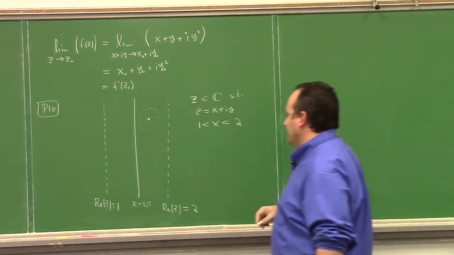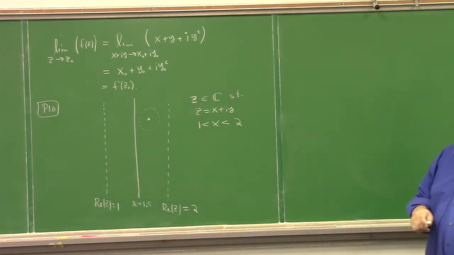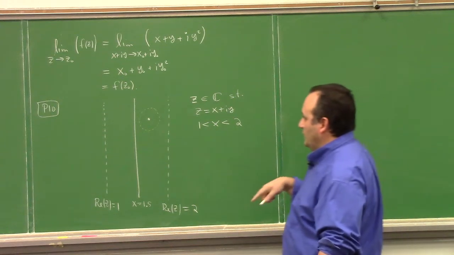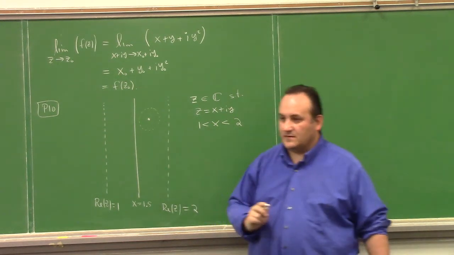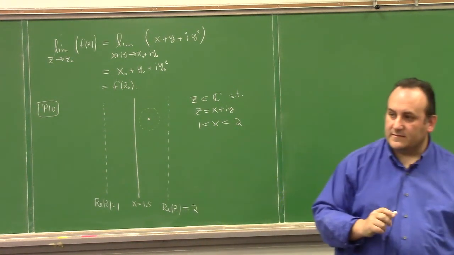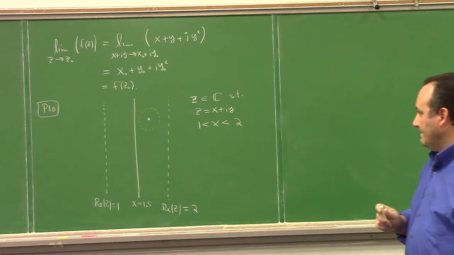I just said pick an x as close as you like to the 1 line or the 2 line. No, but you have to prove it's open. You have to pick an arbitrary point in here and tell me the radius. You can just take the distance between the point and the closest line.